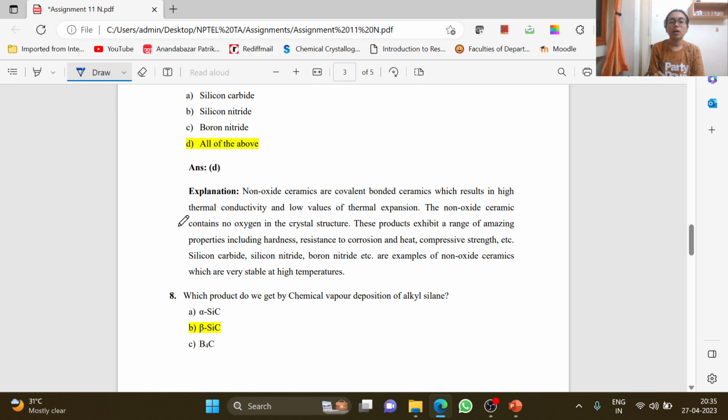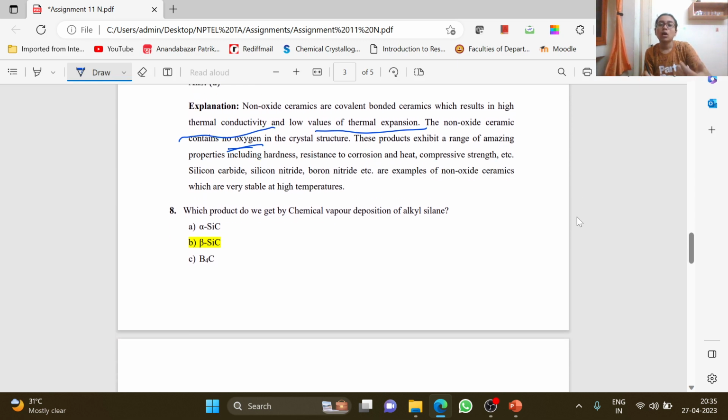They do not contain any oxygen at all in the crystal structure. These products exhibit a range of amazing properties including hardness, resistance to corrosion and heat, and compressive strength. Silicon carbide, silicon nitride, boron nitride are all examples of non-oxide ceramics which are very stable at high temperatures.